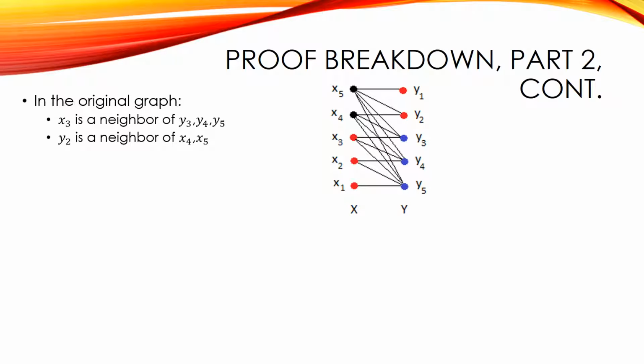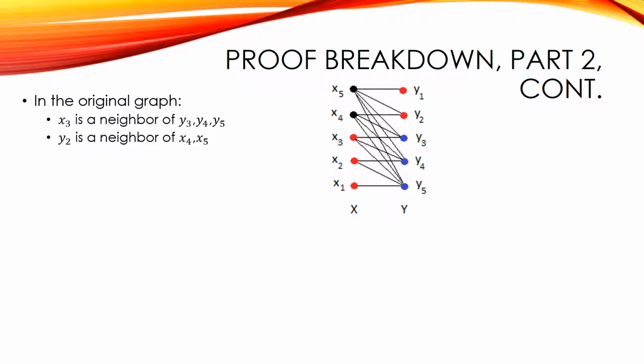So let's look at some specific examples now using our graph for the definitions and the explanation that we just saw. In the original graph, x sub 3 is a neighbor of y sub 3, y sub 4, and y sub 5, the three blue vertices.